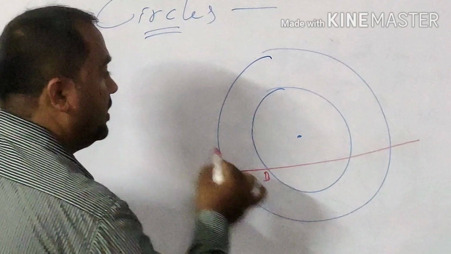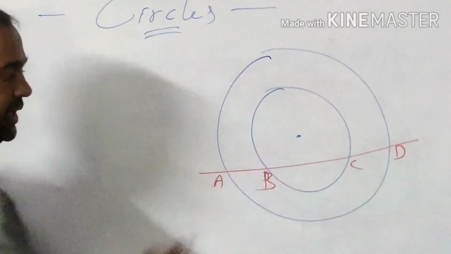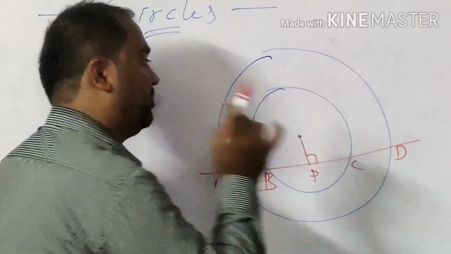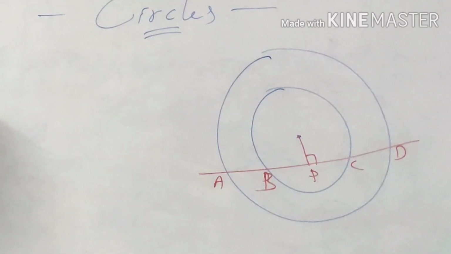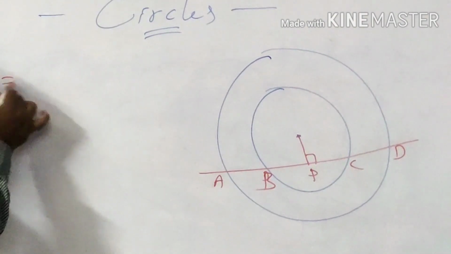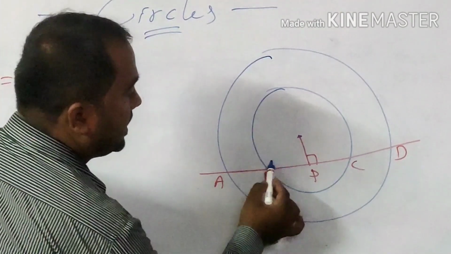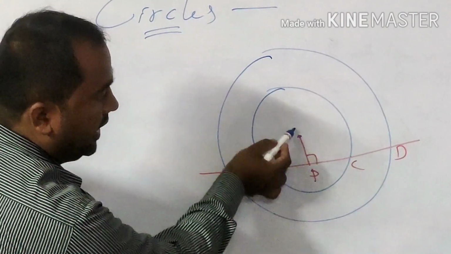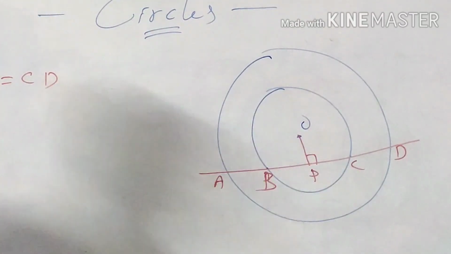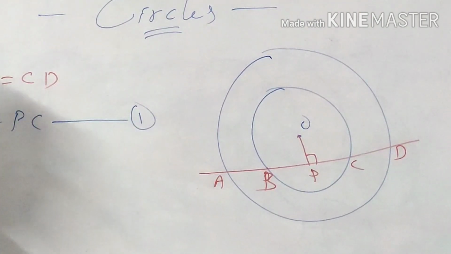This line intersects both the circles at different points A, B, C, D, and a perpendicular is drawn, P. Now we have to prove that AB is equal to CD. If you see the smaller circle, BC is a chord for the smaller circle and P is the point where the perpendicular is drawn from center O. Then BP is equal to PC, equation 1, using the same theorem.